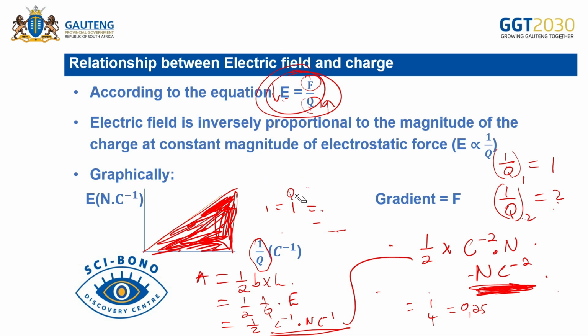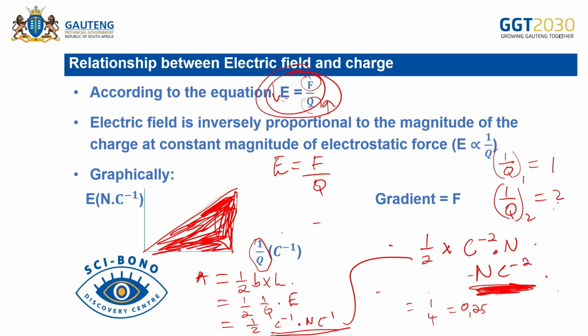Right, so with the gradient, what are you supposed to do? Check what you have along your horizontal axis and your vertical axis. You have E and Q, or E and 1 over Q. Check again. Go straight to your data sheet. Check the equation where you have your E and your Q. That equation is E equals F over Q, right?